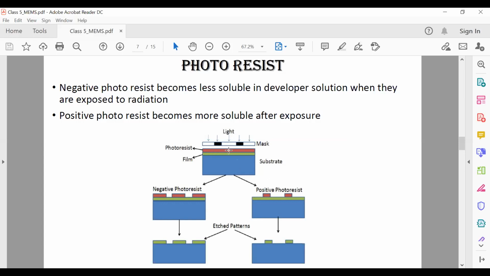Other positions are exposed, so these become weak and these remain strong. If it is negative photoresist, then only the exposed portion will get strong, and the portion not exposed to the UV light will be weak, so it will be eliminated.